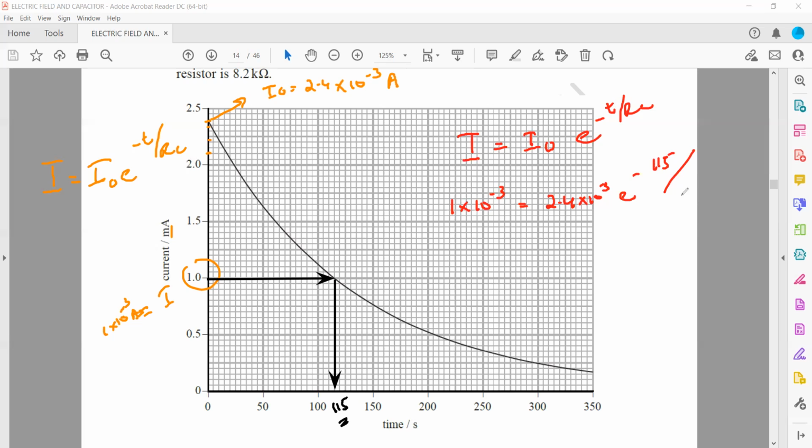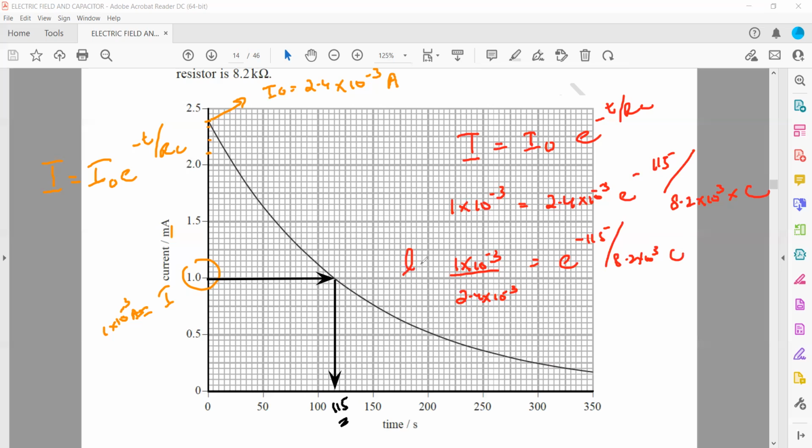R is the resistance through which the capacitor discharges, 8.2 into 10 power 3, multiplied by capacitance C. This 2.4 into 10 power minus 3 is on the other side, so it will be divided. So it will be 1 into 10 power minus 3 divided by 2.4 into 10 power minus 3, equals e raised to power minus 115 divided by 8.2 into 10 power 3, and then C.